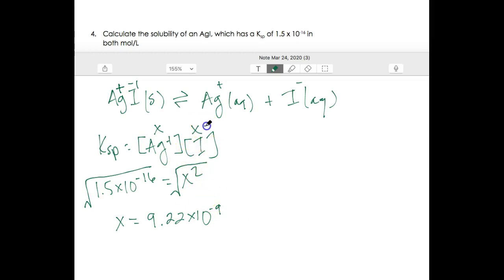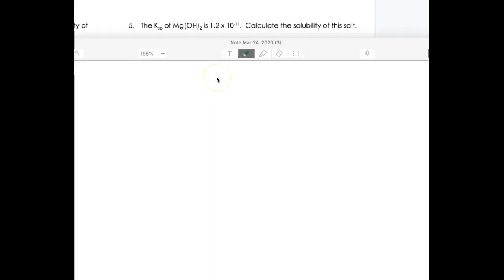And what x is, it's going to represent the concentration of these ions. So if this is 9.22 times 10 to the -9, and this is 9.22 times 10 to the -9, then that means this has to be 9.22 times 10 to the -9, since it's all a 1-to-1 ratio.